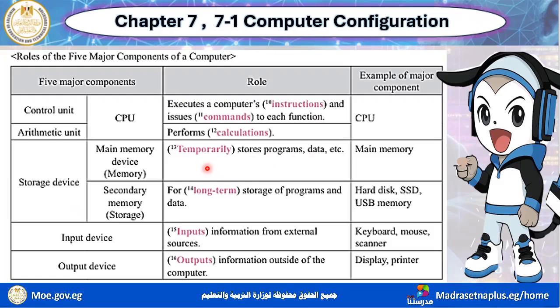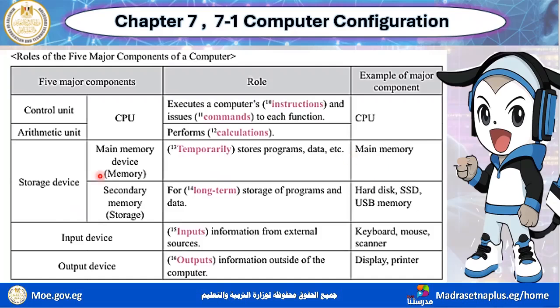Temporarily means when you shut down your laptop or your computer, everything inside it fades, it disappears, goes away. That's why we call it temporary. It doesn't last for long. And an example for it is the main memory.